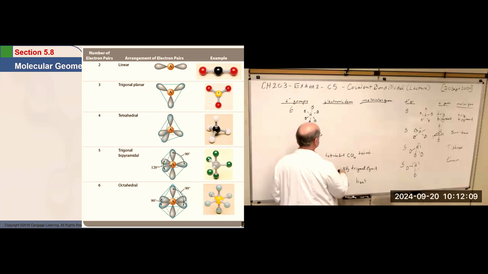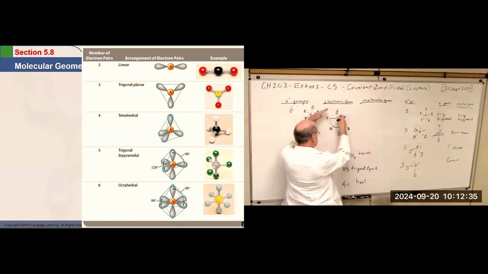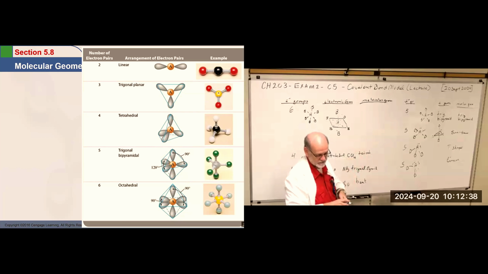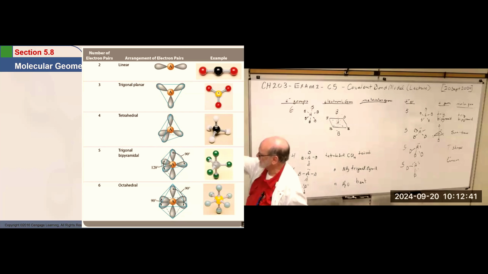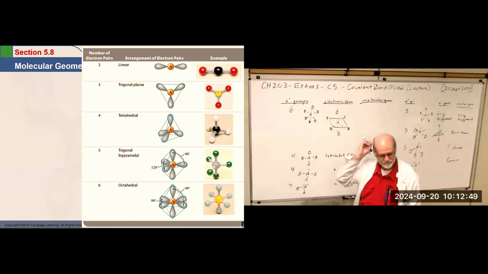The electronic structure here is going to be octahedral. So you have a square in the middle, like that, and then you have a B up here and a B down here, and a B at each point here. And then your A's in the middle, right? So you form these bonds here and here. If you draw connectors with all these and you turn it on its side, you get this arrangement here, and you can see how many sides it has. 3-dimensional shapes are always hedrons of some kind, right?